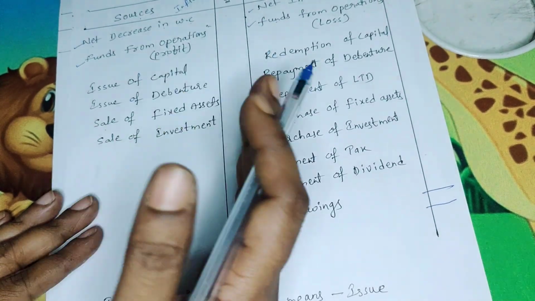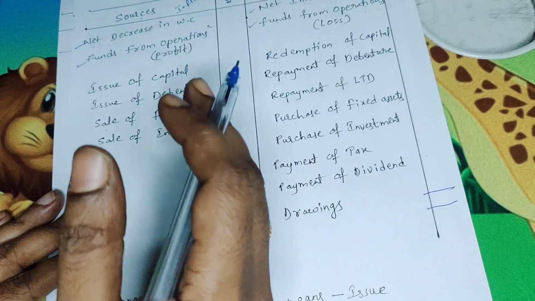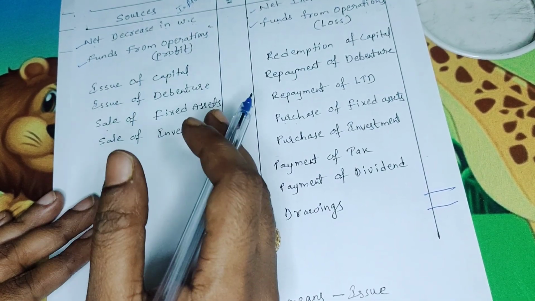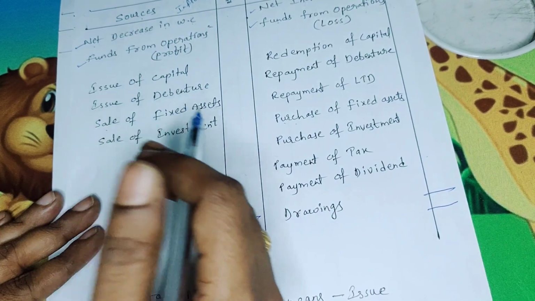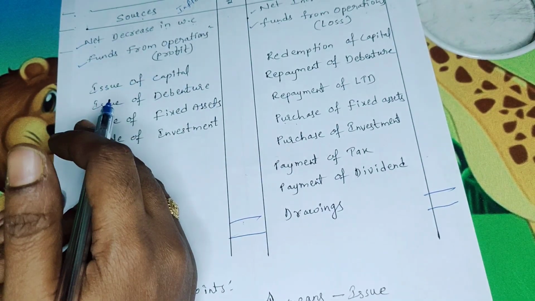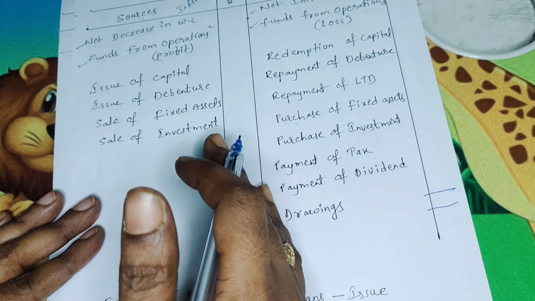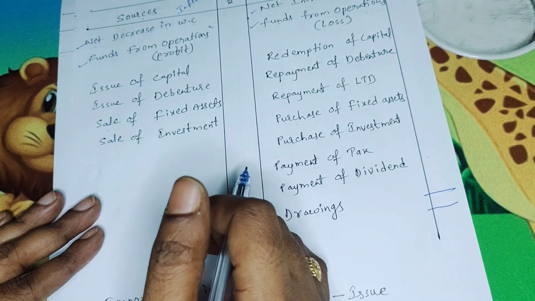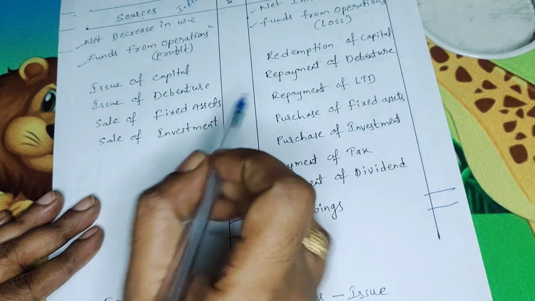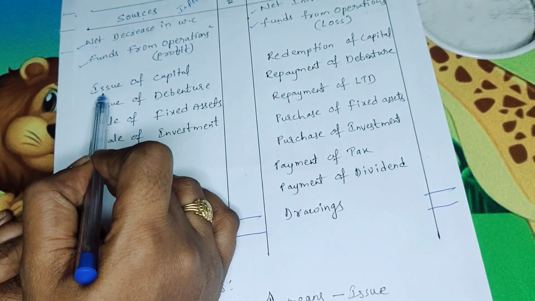And next, coming to the liability side, except current liabilities, the remaining liabilities are capital and long term debts. If the capital increases compared to last year, that will be issue. If the capital decreases, that will be redemption. So if it is redemption, that will be application. If it is an issue, that will be source.